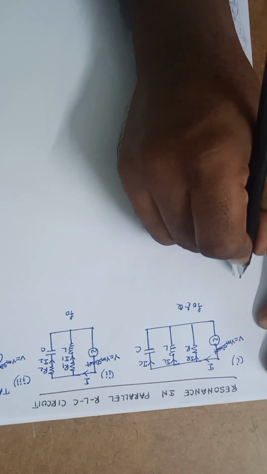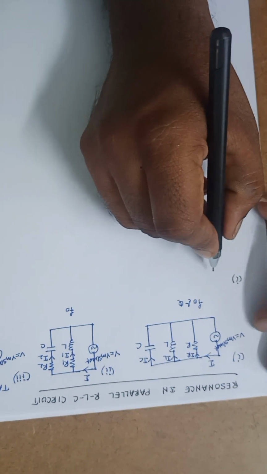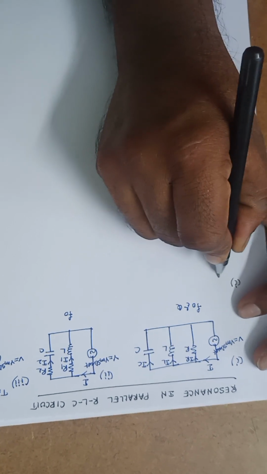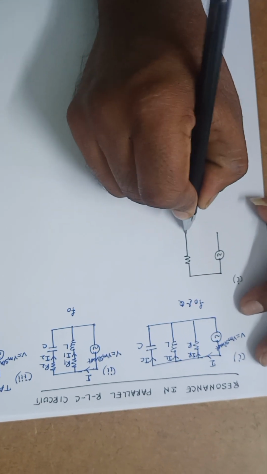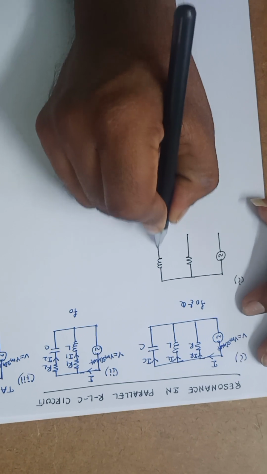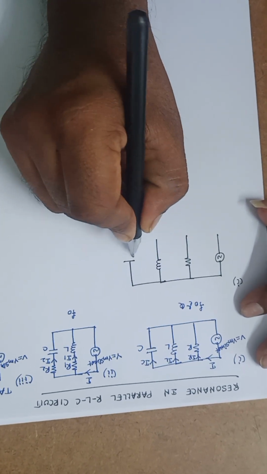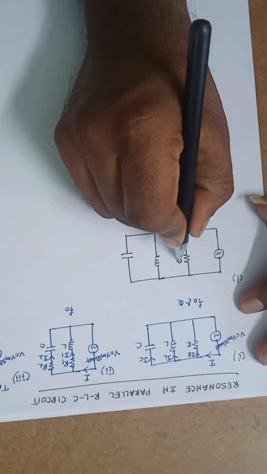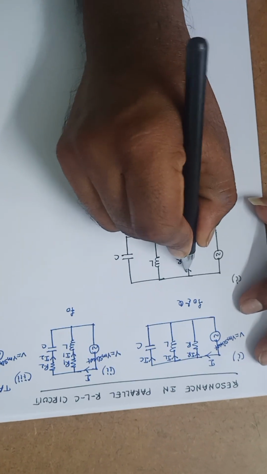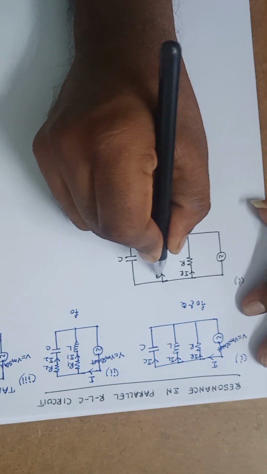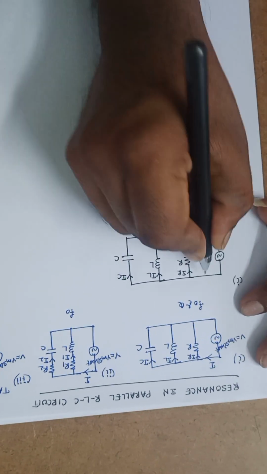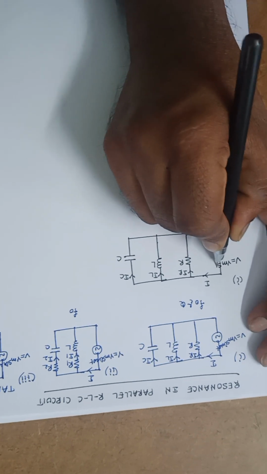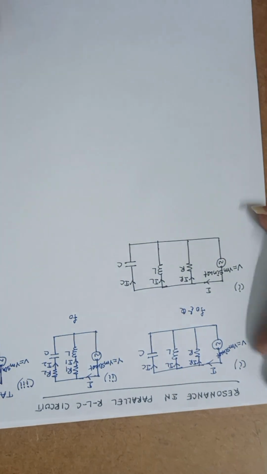The first circuit here is R, L, C, IR, IL, IC. This is the current I. The voltage is V is equal to Vm sin omega t.